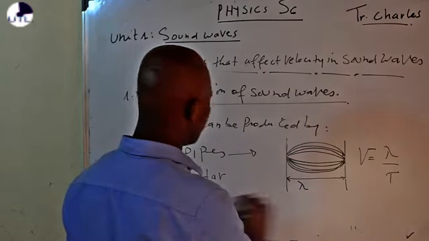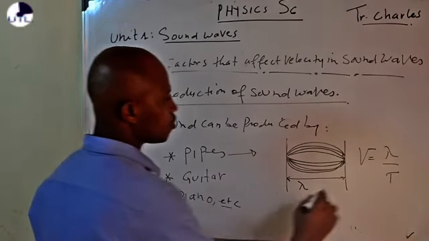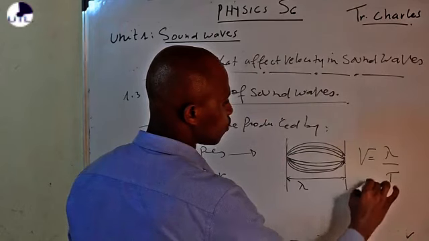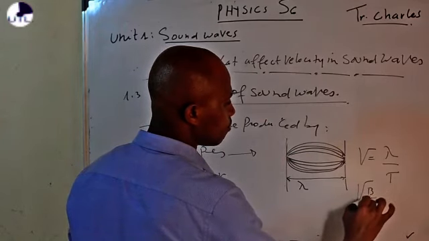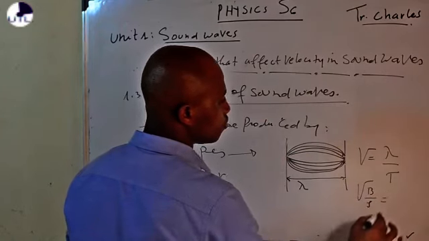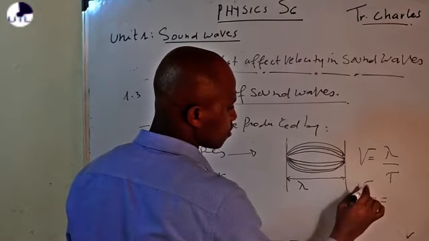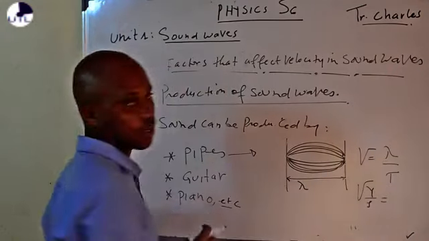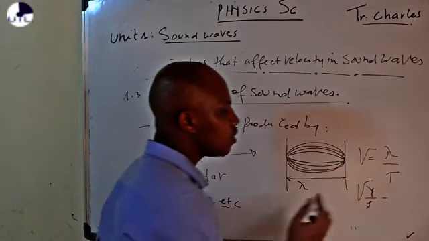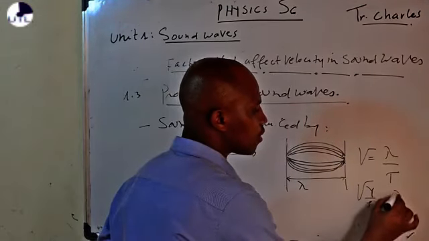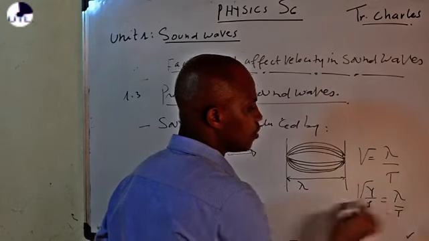So if the speed, for example, is equal to the square root of bulk modulus divided by the density, this should be equal to, for example, let us use Young's modulus because it is in solids. Let's take for this case of pipes. Now, this one will be equal to wavelength divided by period.